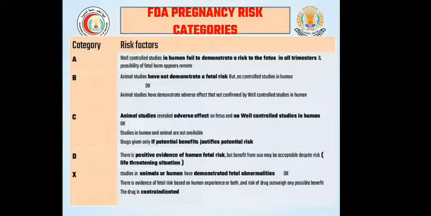Food and Drug Administration introduced a system of rating pregnancy risks associated with pharmacological agents. This system categorizes all drugs into one of 5 pregnancy risk categories, either A category, B category, C category, D category, or X category.